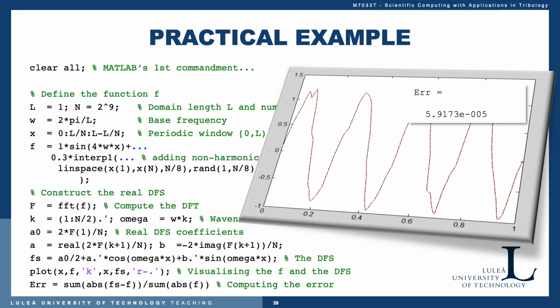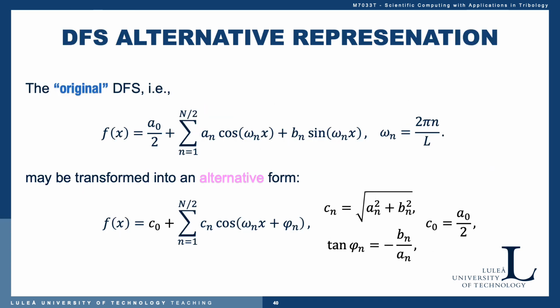You can try that, elaborate on that yourself. At this point, we know pretty much exactly how to obtain the discrete Fourier series, and we know how we can make use of the discrete Fourier transform to obtain A0, An, and Bn in the cosine sine representation that we have been treating so far.